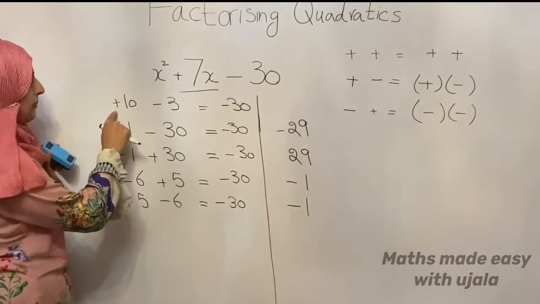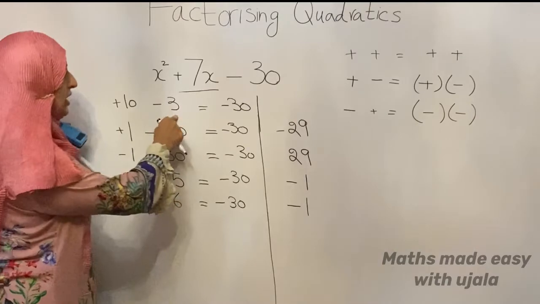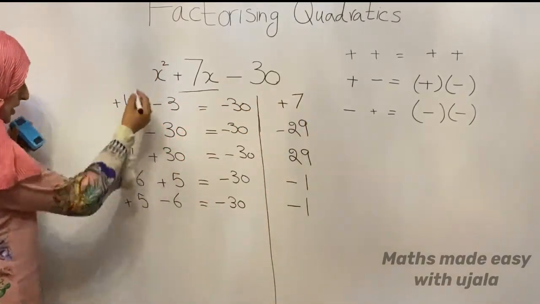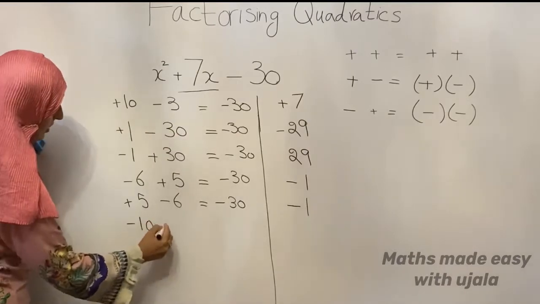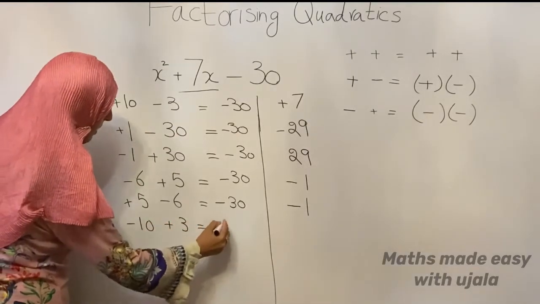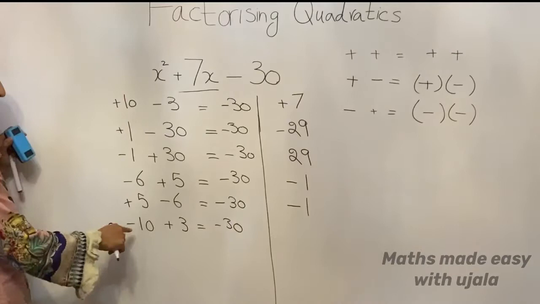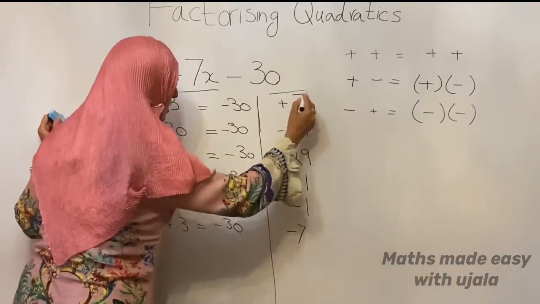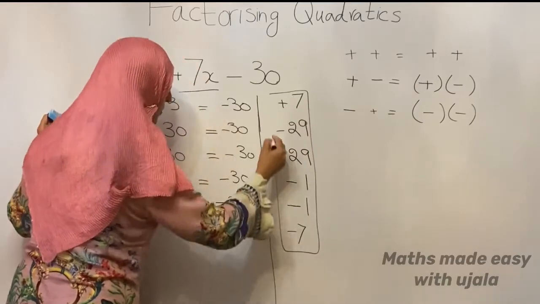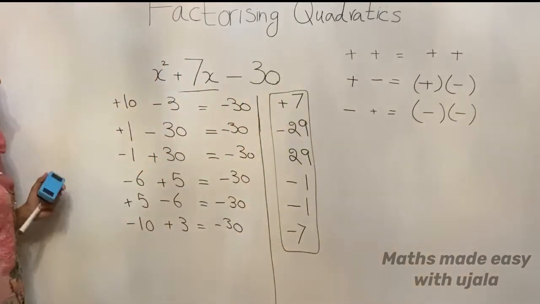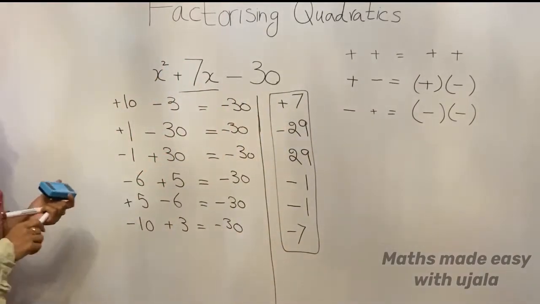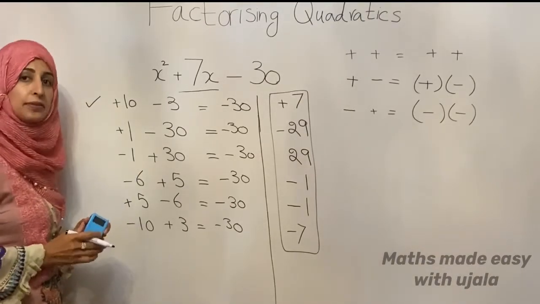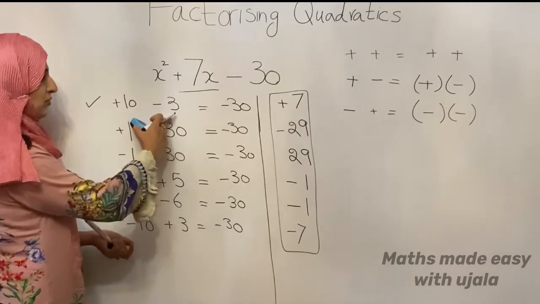If I add them, plus 10 minus 3, the answer is plus 7. In the same way, if you write minus 10 plus 3, the product is minus 30, but if you add them, the answer is minus 7, and we need plus 7. So I've got plenty of factor pairs, and this pair gives me the right answer: plus 10 minus 3.